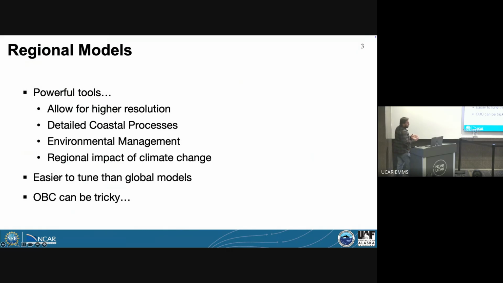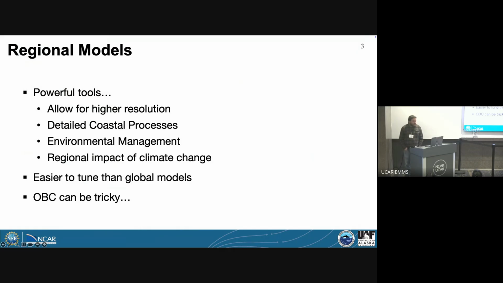Those applications usually require a regional focus and scale. We are at NCAR, so one obvious application for us is to downscale global climate models and assess the regional impact of climate change.